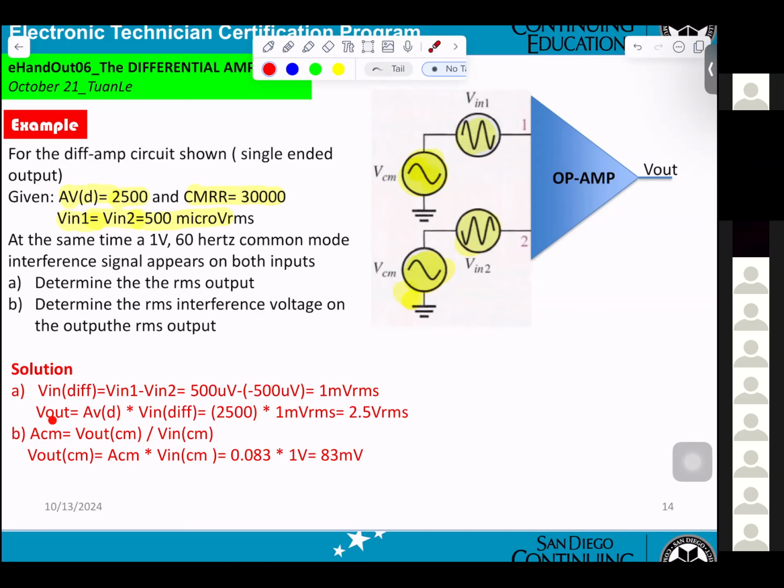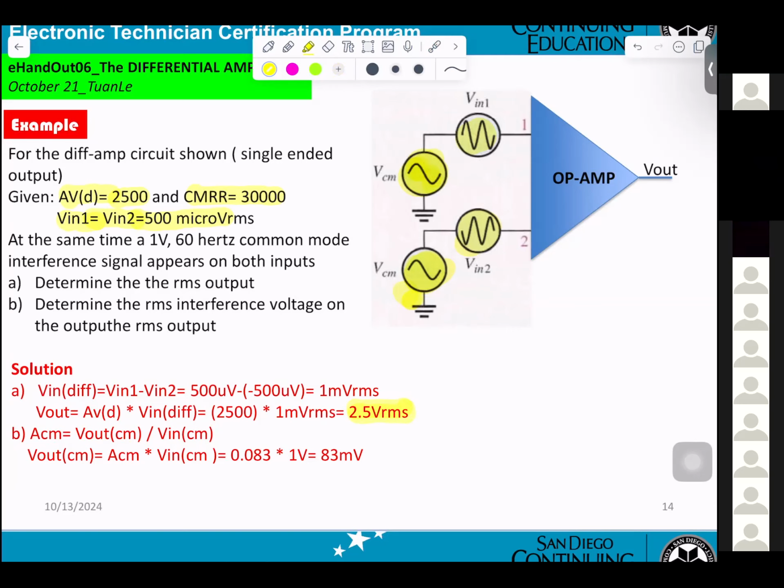V out will be equal to AVD, the differential gain, times V in differential. So 2500 times 1 millivolt RMS. The answer will be 2.5 V RMS.